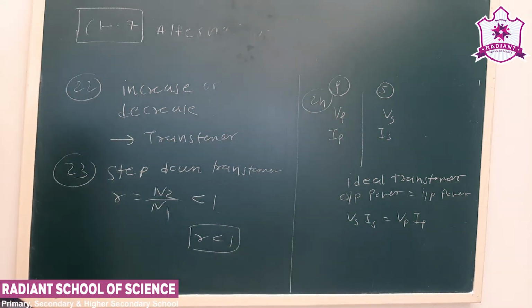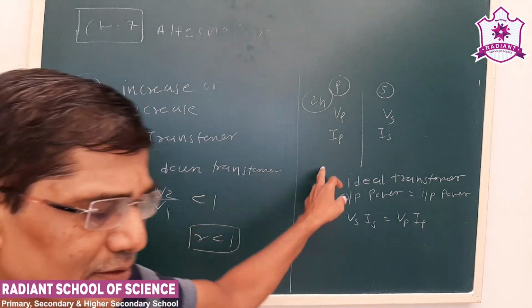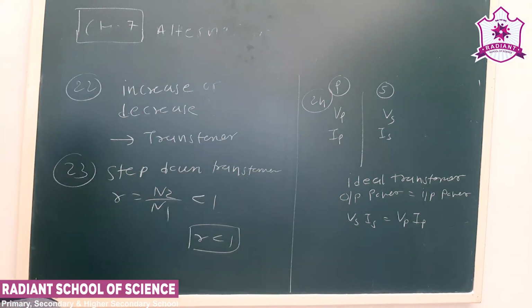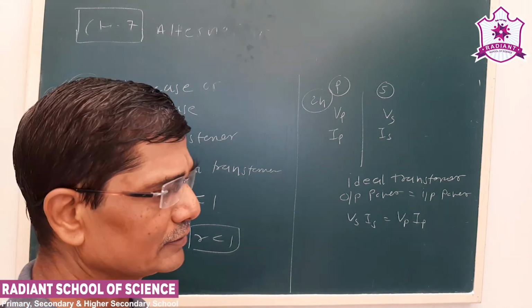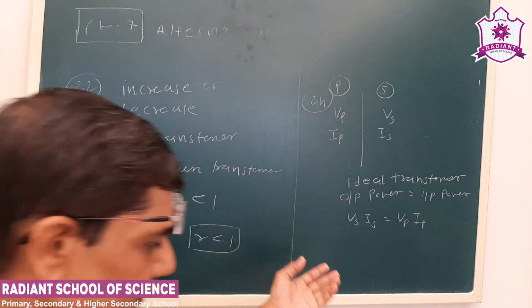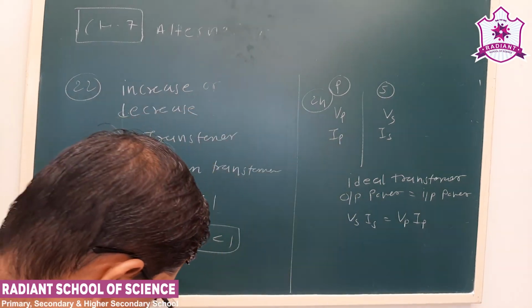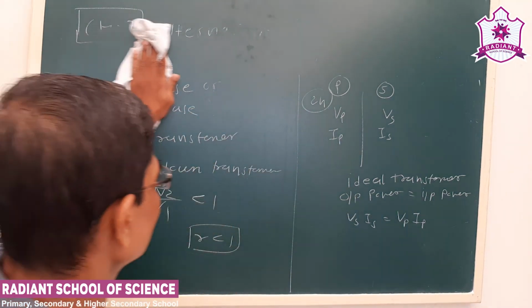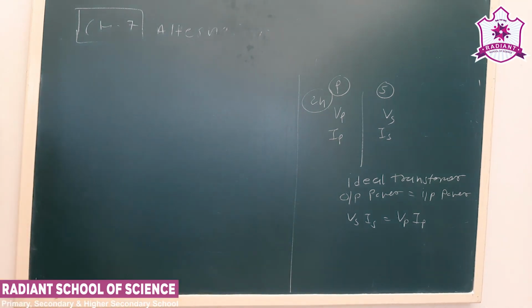So that will be our answer. Here it is given that it is an ideal transformer, so we have to consider that no losses are associated with the transformer. In that case, the output power and input power are equal.